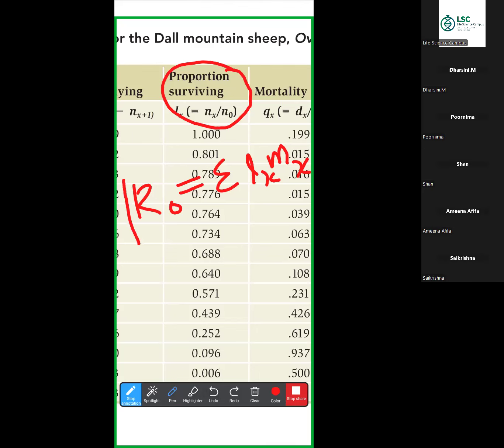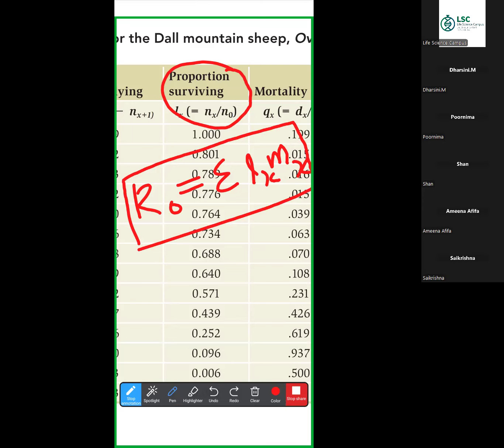Just remember this equation. R0 represents net reproductive rate. Net reproductive rate is the number of females produced per female per generation. Number of female offsprings produced per female individual.